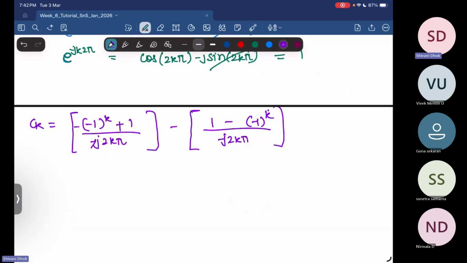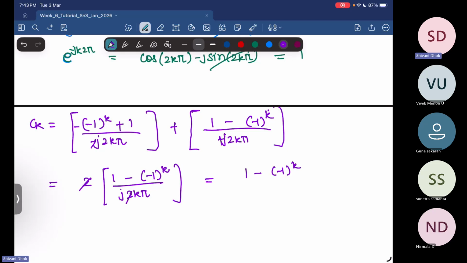So this I can write like this. So 1 minus, and this can get cancelled with this. So essentially what you have is 2 times 1 minus minus 1 to the power k, whole divided by j 2k pi. This 2 gets cancelled, and what we are left with is 1 minus minus 1 to the power k, divided by j k pi.